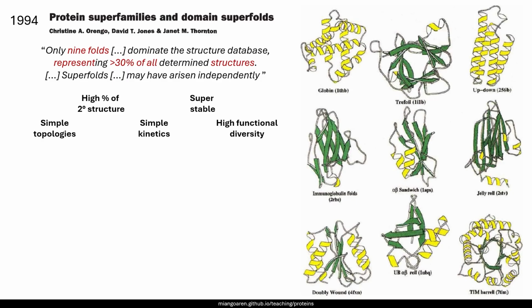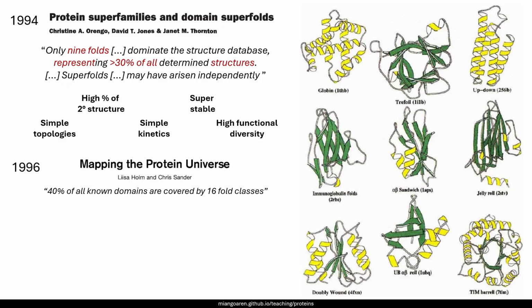And the common characteristics shared by this type of fold, which due to its success have been called superfolds, is that they contain simple topologies, they have a high content of secondary structure, and their kinetics during the folding process are also considered relatively simple or easy to conceive. They are also structures that are usually quite thermostable, and evidently thanks to this whole set of properties, they have presented enormous functional diversity with respect to the catalytic activities that enzymes containing this type of fold can perform.